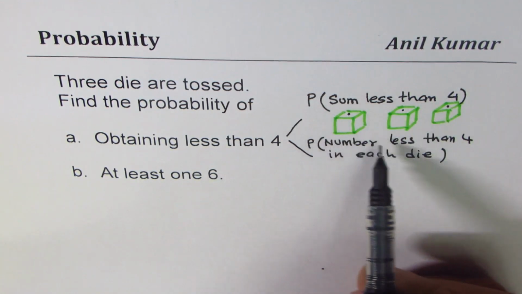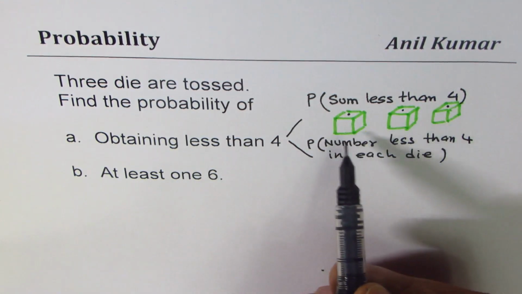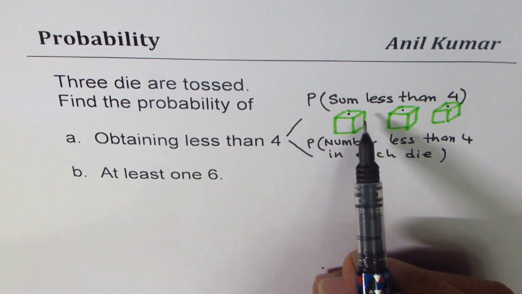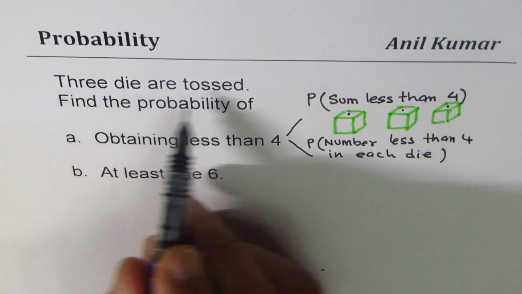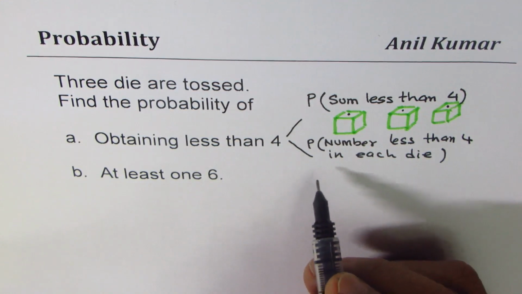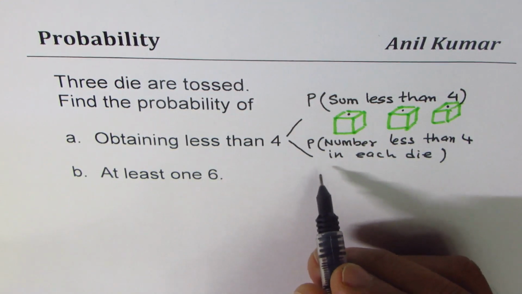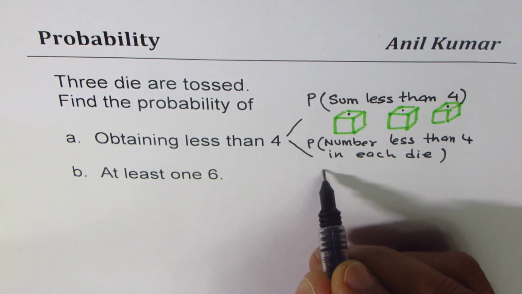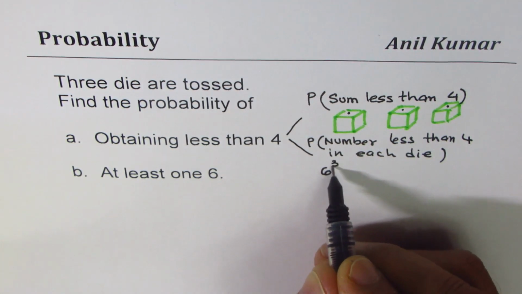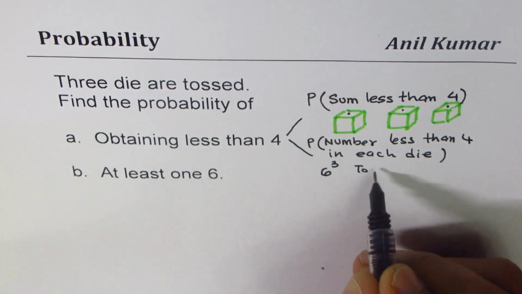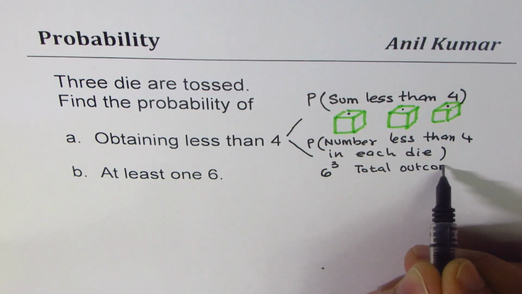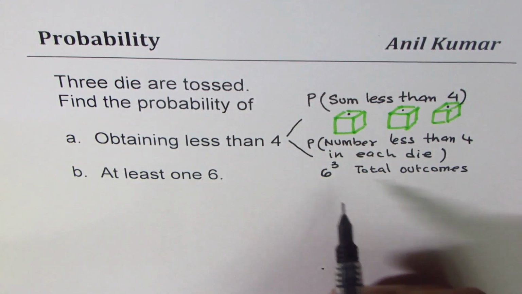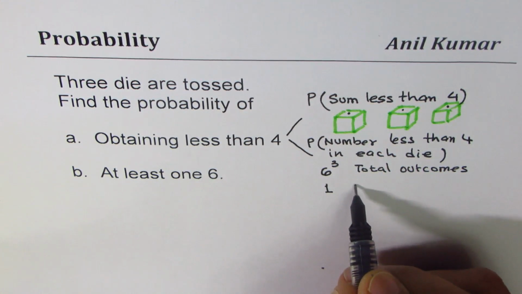And what are the total number of options? There are 6 faces. Therefore, in case of 3 dice, the total number of options will be 6 to the power of 3. 6 to the power of 3 is the total outcomes, right? And there's only one favorable outcome.